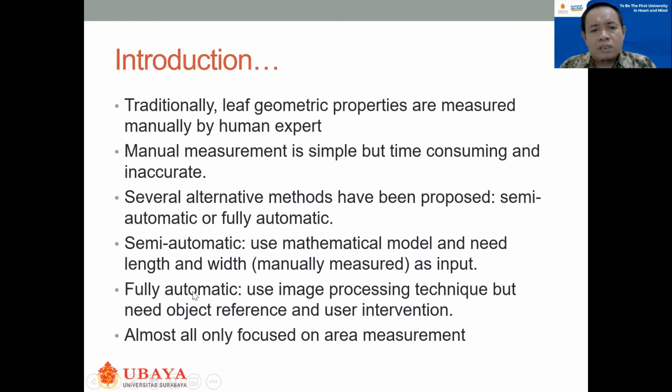So the use of object reference can produce inaccurate result in measurement process. And almost all the previously proposed systems only focus on area measurement, and cannot be used to measure length, width, and perimeter of the leaf.